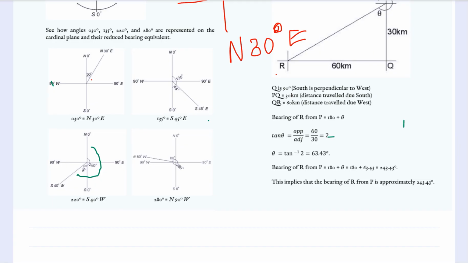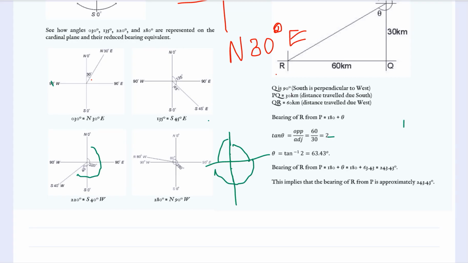220 degrees. So if it is angle 220 degrees, don't forget this is 90, 180, 270, and this is 360 degrees. Do you understand that now?